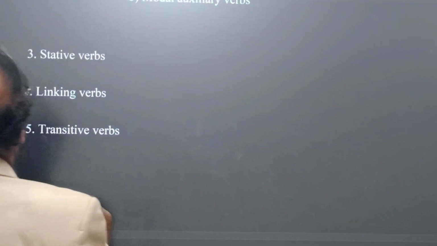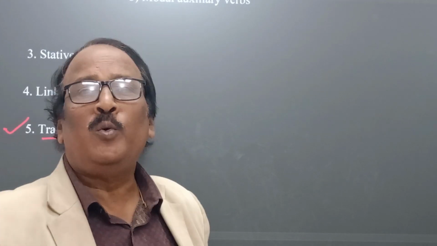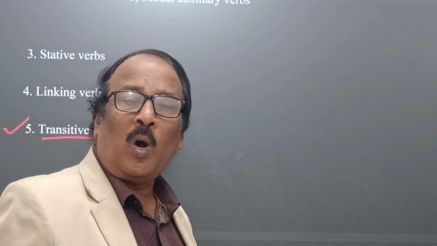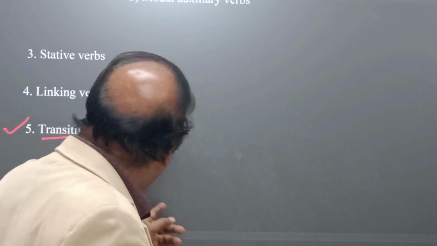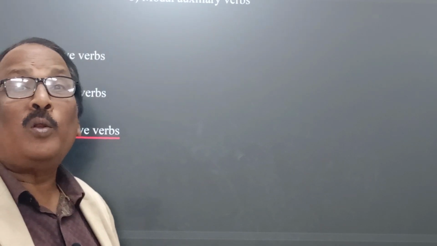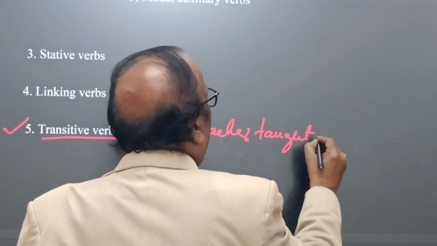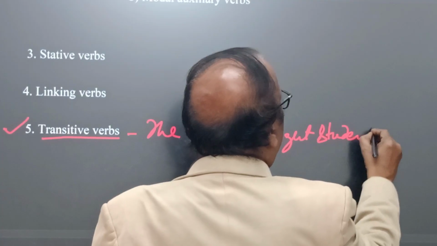The next idea, transitive verb. From the point of view of taking objects, verbs are of two types. One is transitive, other is intransitive. Yes, transitive verb takes object, but intransitive verb doesn't take an object. The teacher taught students physics.